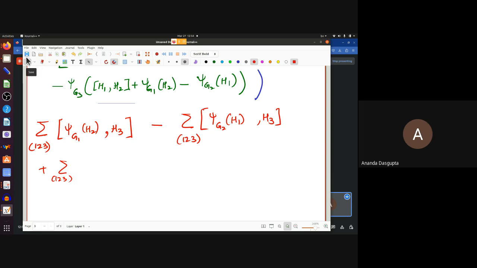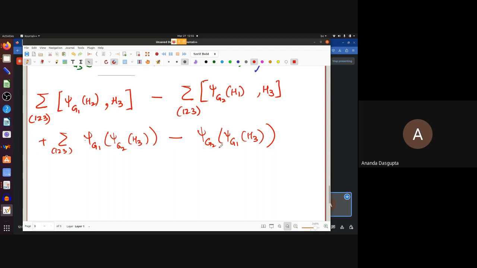Whenever you have a bracket on a set of linear operators, that has to be the commutator. Other brackets might be very abstract. So this is really psi g1, psi g2, h3 minus psi g2, psi g1, h3. So that's that term. Of course, the sum over 1, 2, 3 is here as well.